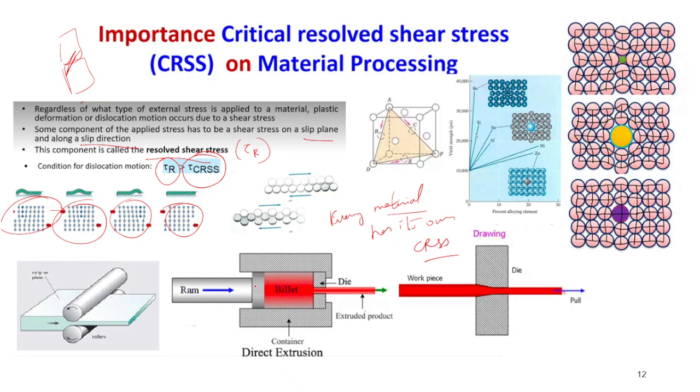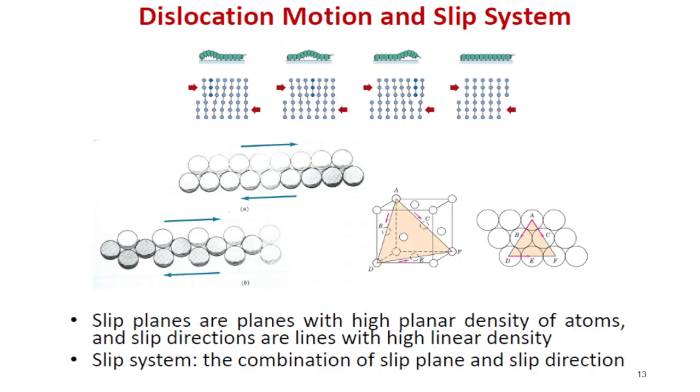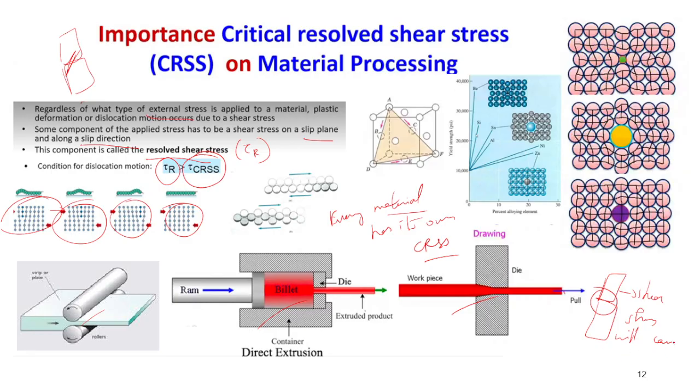Be it rolling, extrusion, or drawing, no matter what the external force or type of external stress is, there will always be a shear stress acting on the material, which will cause it to deform. Only shear stress will cause it to deform.